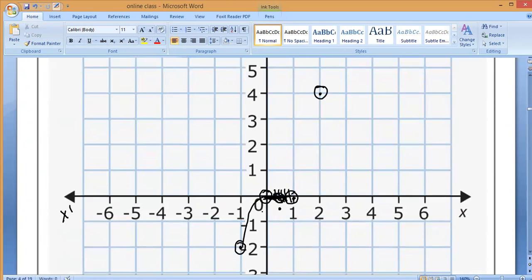And 1 by 8 is somewhere here on the y-axis, below the x-axis, in between 0 and 1. So the point is here.